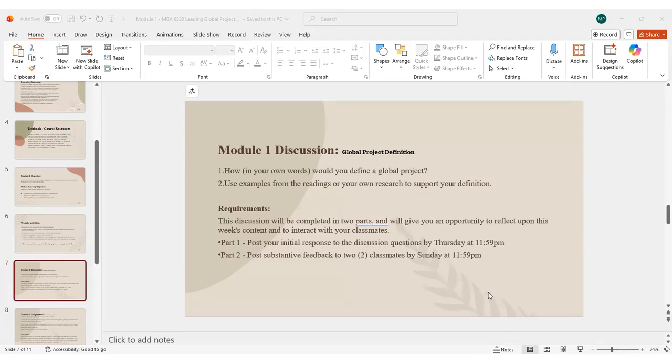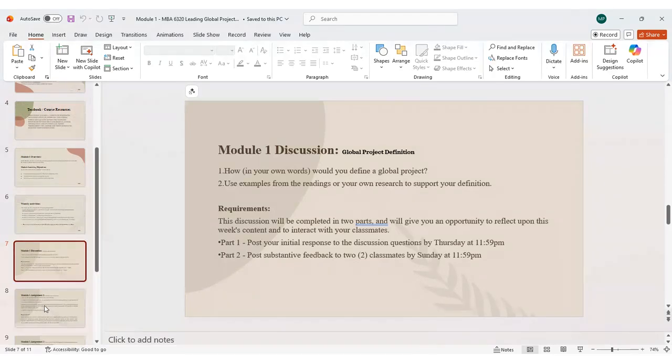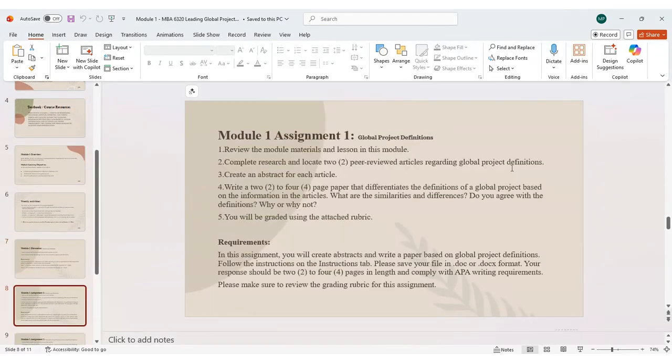All right, so let's pop over to the first assignment. So in Module 1, Global Project Definition, you need to review the module materials in the lesson first of all.